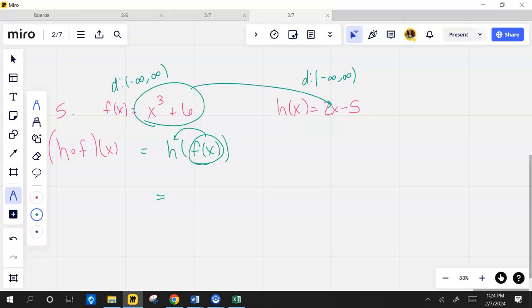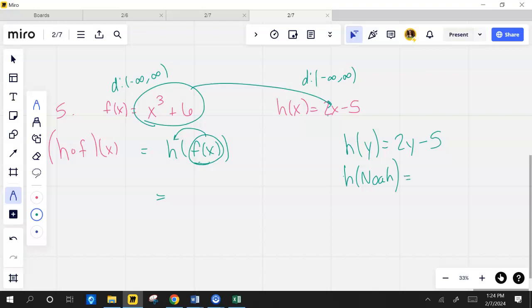Think about it like this. If I asked you to find H of Y, what would you do? You put Y in for the X's in H, not the H's. This would be 2Y minus 5. Okay. What's H of Noah? What's the process?